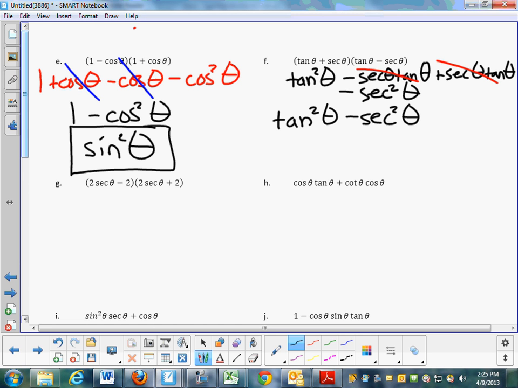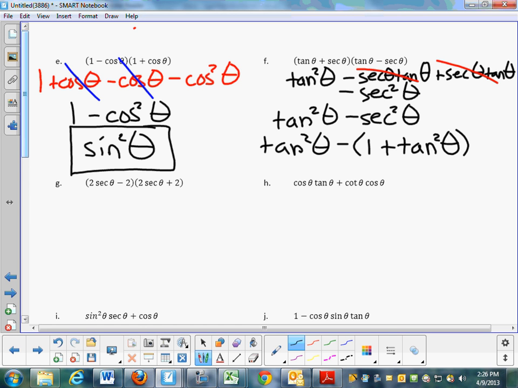No, secant squared is 1 plus tangent squared, right? So tangent squared minus 1 plus tangent squared. See how I substituted that in? Secant squared is the same as 1 plus tangent squared.